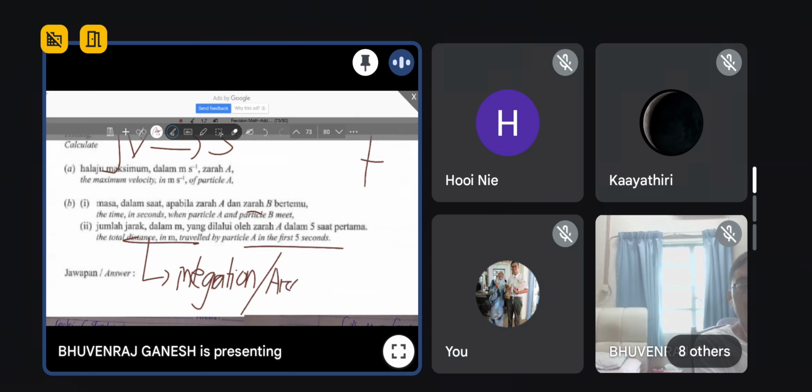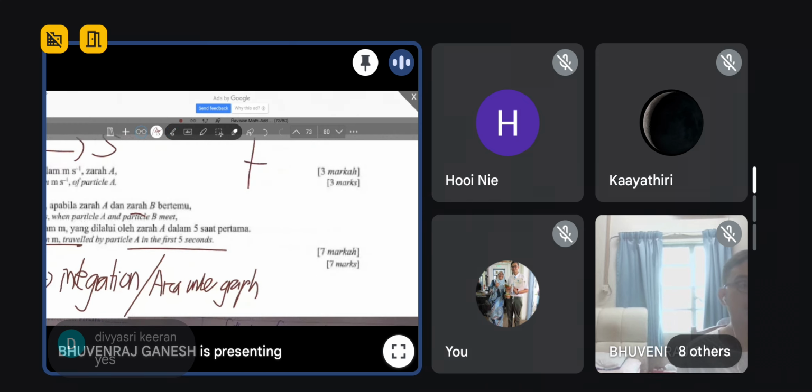If you study Form 4 Chapter 7 Maths guys, Form 4 bab 7, kamu belajar tentang pergerakan kan in mathematics, graph of motion. So under a VT graph, you will get the displacement, correct? Area of velocity time graph will give you displacement. Luas bawah graph halaju melawan masa adalah sasaran.